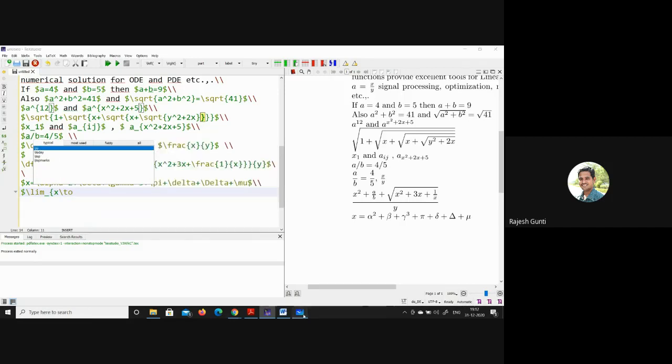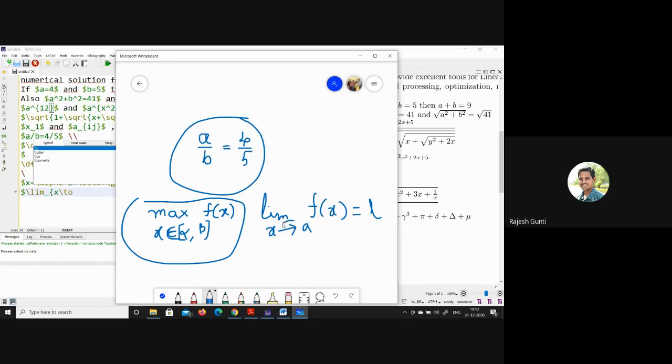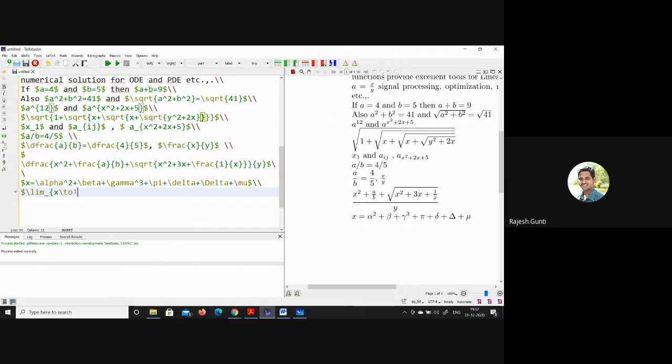If you give \to, this symbol will come. Okay, x tends to a, f of x is equal to L.